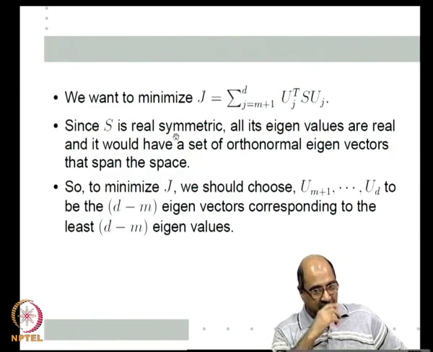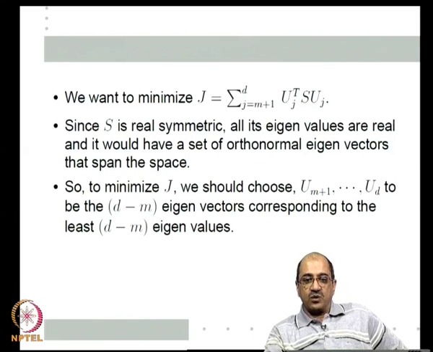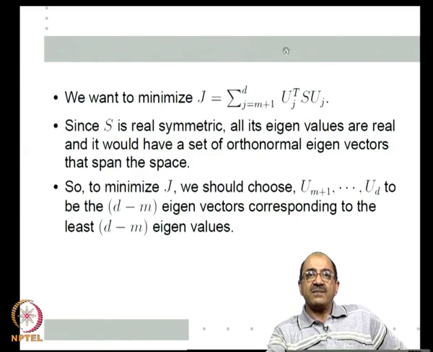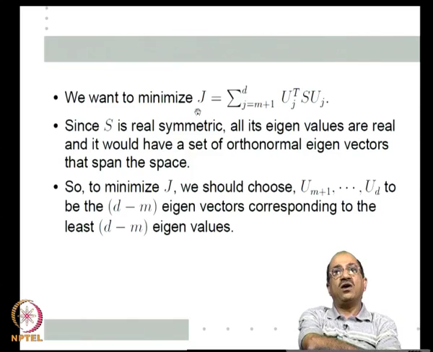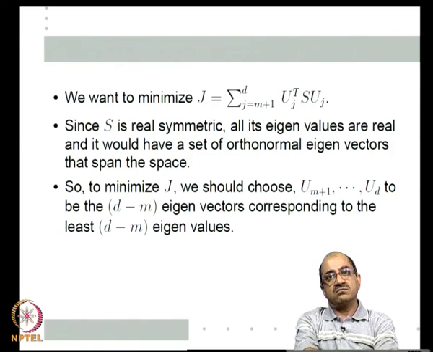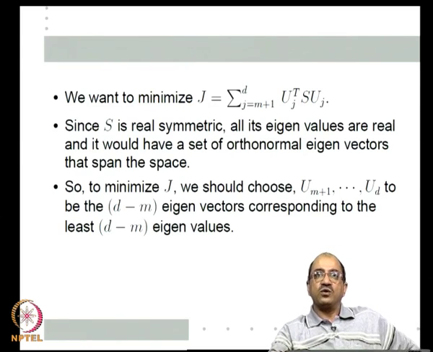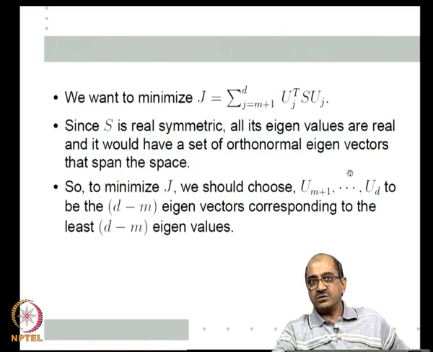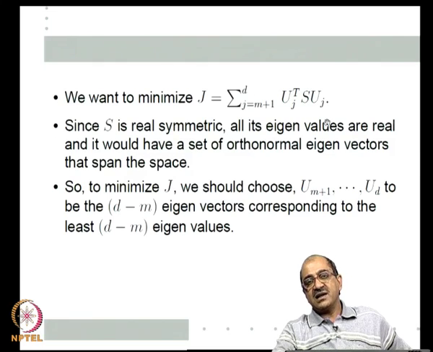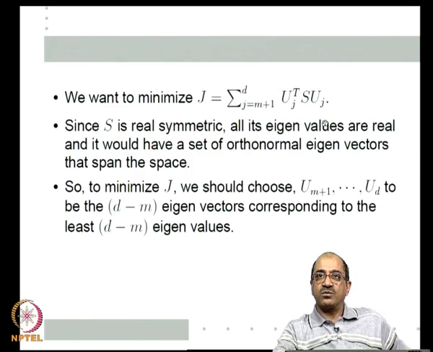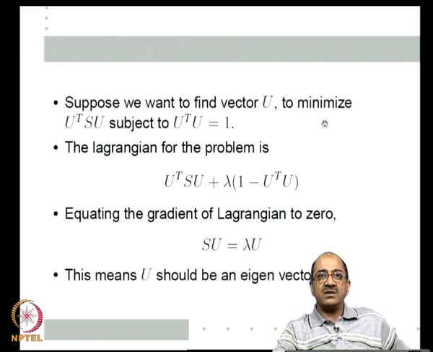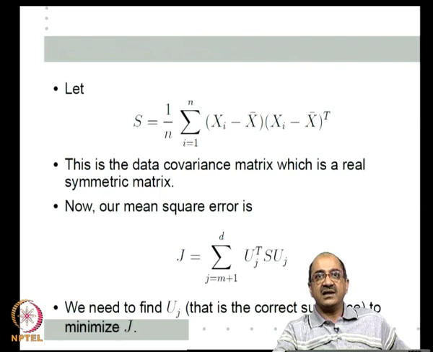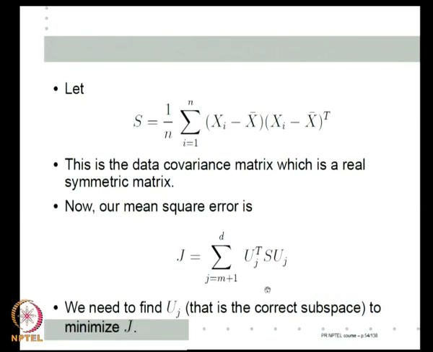So, what we have now shown is that if I want to minimize this, my choice of U m plus 1, U m plus 2 up to Ud, the d minus m eigenvectors, corresponds to the least d minus m eigenvalues. Of course, in minimizing this I will be fixing only U m plus 1 up to Ud. Why is that so? Because my J just turns out to be that, right.